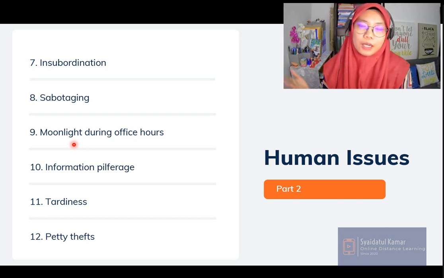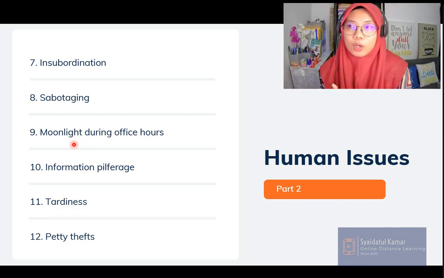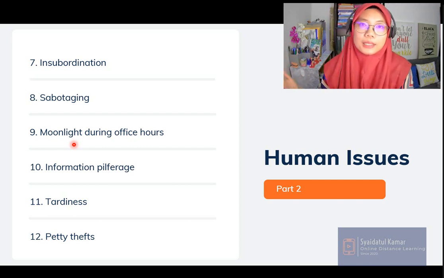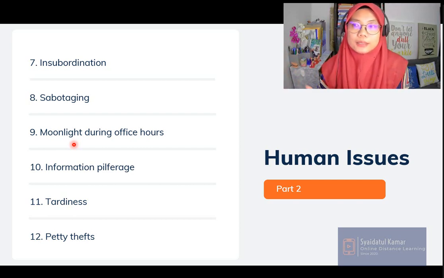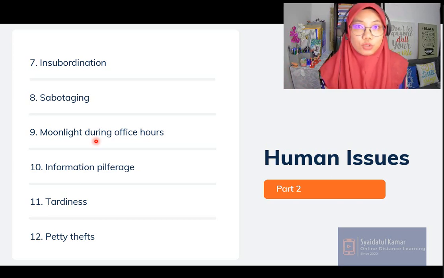For example, doing MLM or selling other stuff, or clothes, equipment, shawls during office hours at the office. So this person probably focuses more on the side job as compared to the permanent job.